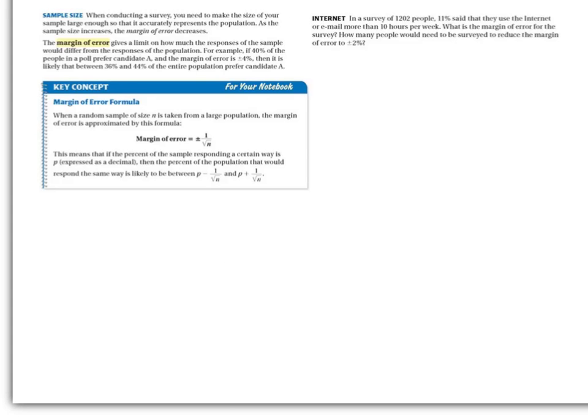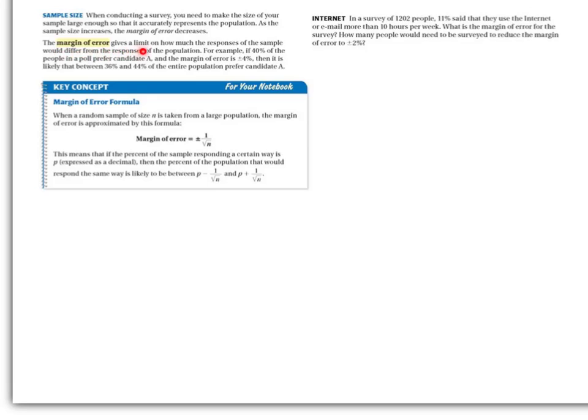Alright, so sample size. When conducting a survey, you need to make the size of your sample large enough so that it accurately represents the population. As the sample size increases, the margin of error decreases. What that means is the closer to the complete population you get, the less error of the response there is.